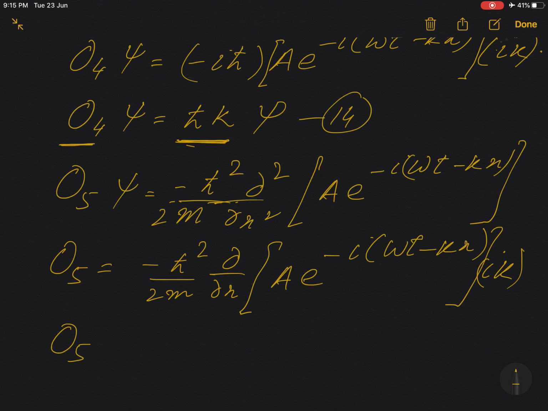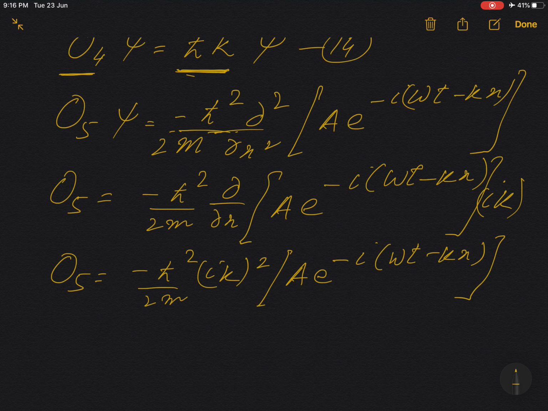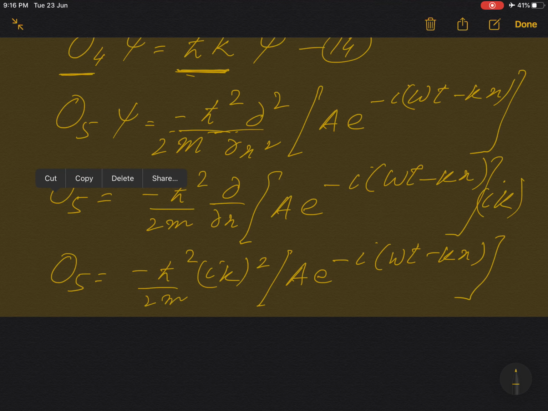If I do the derivative once more, I will get this quantity again, so it will be minus ħ squared upon twice m, (ik) the whole square, and A e raised to i(ωt minus kx). There is a slight mistake here.